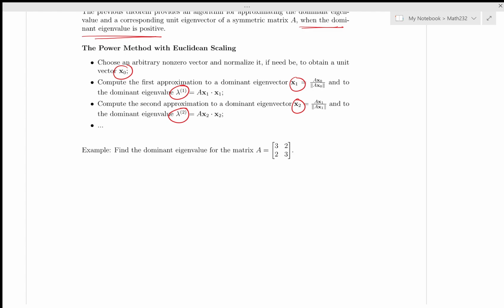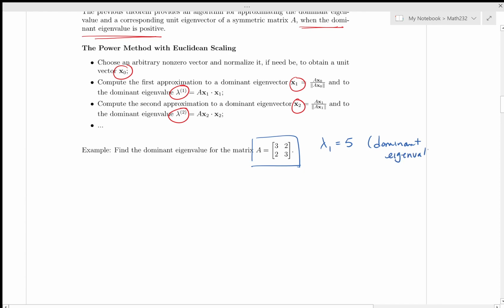Okay, so first of all, let me just say we have A here, the matrix A. It is the case that the dominant eigenvalue, which I'm going to call lambda 1, is 5. We don't necessarily know that starting this process, but I just want to have this sitting here, so this is what I expect to find with this process. But because this is a small matrix, I can do this by hand. You could do this by yourself.